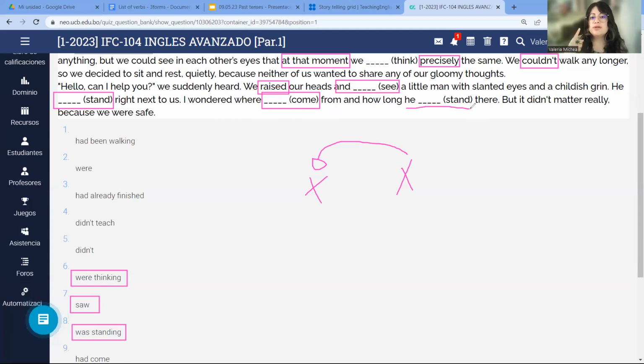So I would go for the past perfect continuous here because, again, this action happened before another action in the past. I wonder how long he had been standing there. So the action of standing there is longer and it happened before. All right, so that's how I would solve this kind of exercise.